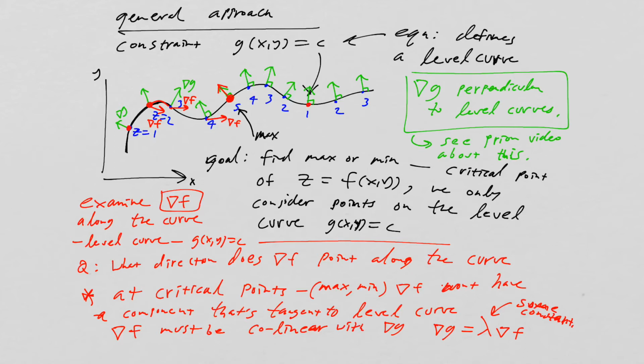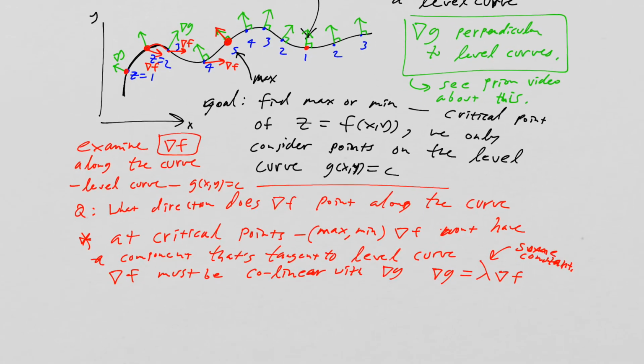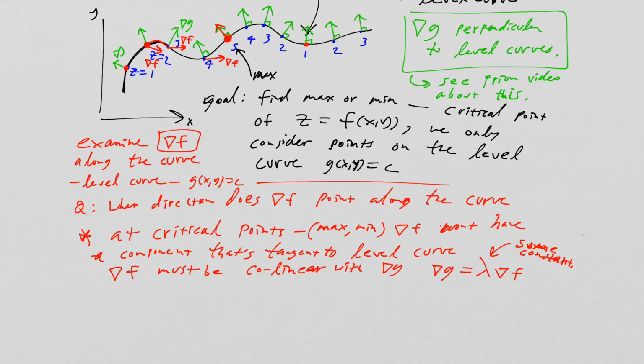So we're going to have some constant that makes these proportional, right? For example, it could be that grad G at a certain point is equal to (1, 2). What we'll find here is that grad F, at the same point, will be (2, 4).